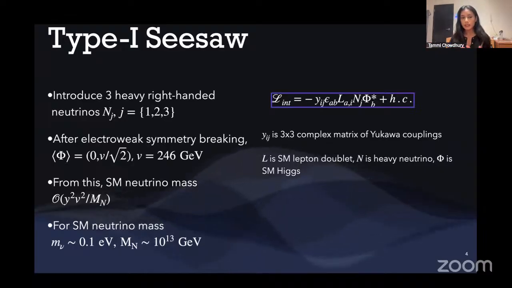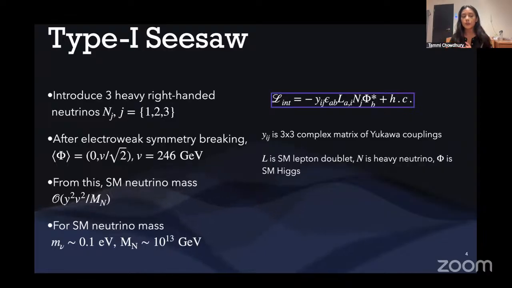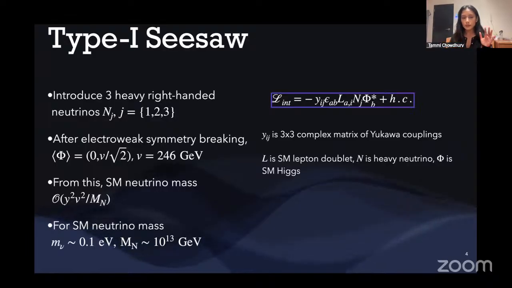And so what you can immediately see is that as you increase the mass of the right-handed neutrino, you get a smaller standard model neutrino mass. And so from experiments, we also know that the standard model neutrino masses, so the left-handed neutrinos, are small, on the order of 0.1 eV. And so to accommodate for this observed value in our universe, the right-handed neutrino mass should be about 10 to the 13 GeV. So this is how the seesaw picture comes in. One goes up, the other goes down, essentially.